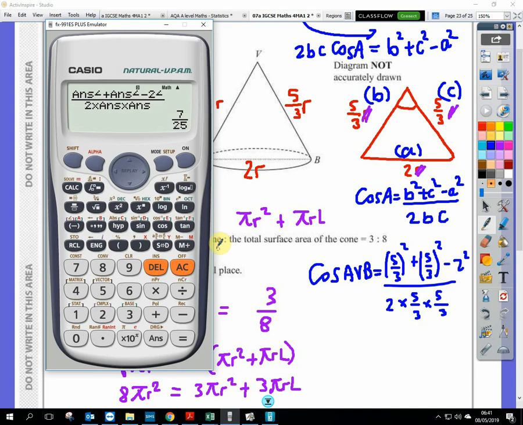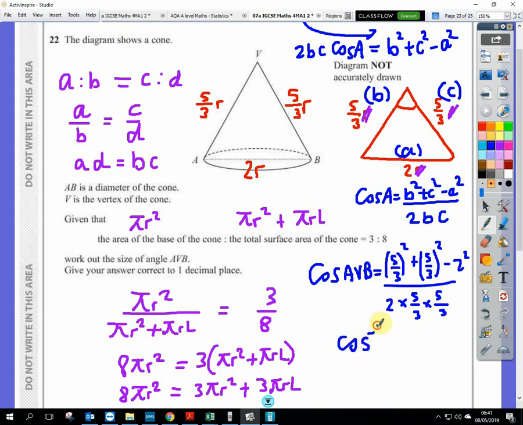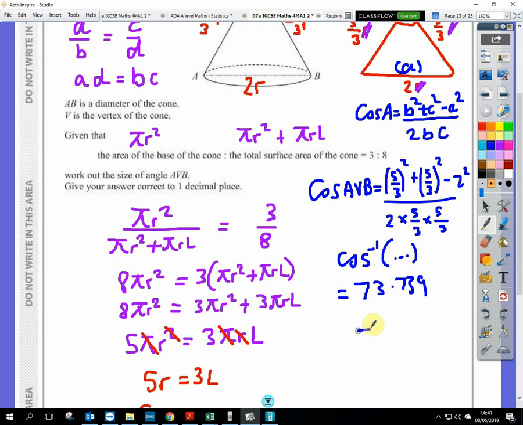It's not AVB. So to get angle AVB, you do inverse cos of that. Inverse cos of the line above gives me an answer of 73.739, etc. Round it to one decimal place, 73.7.